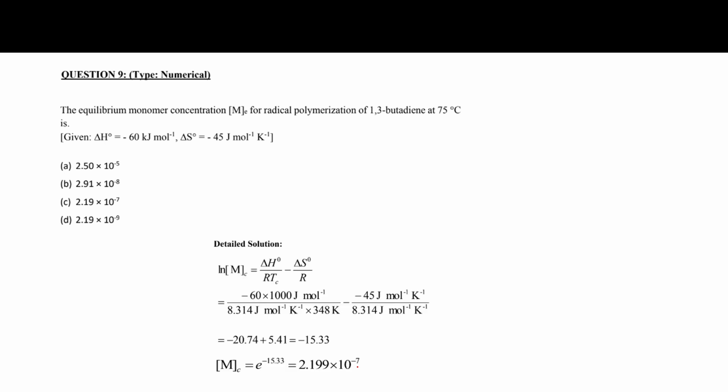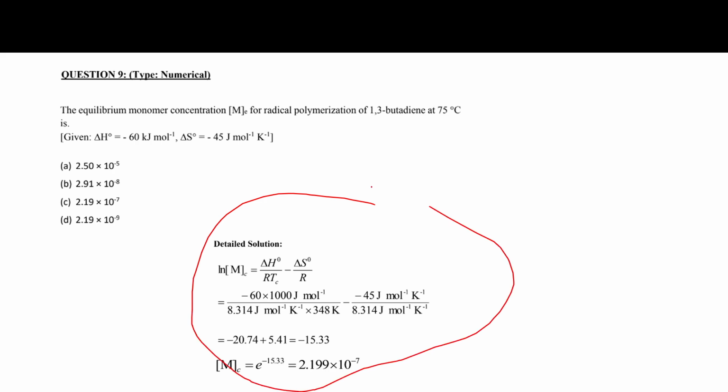In similar types, you have to calculate the concentration when the entropy or enthalpy are all given. You can directly put in this equation. The only thing you have to remember is this equation, and during the calculation you have to remember what units we are taking.